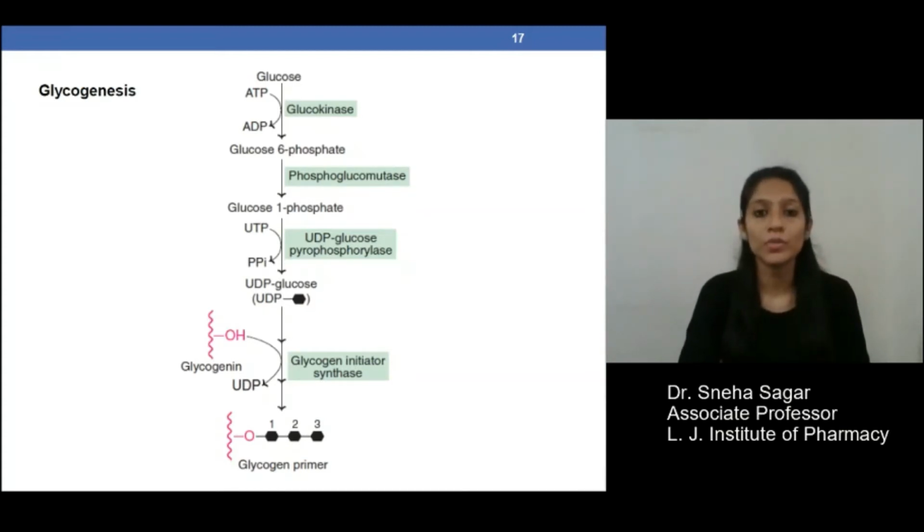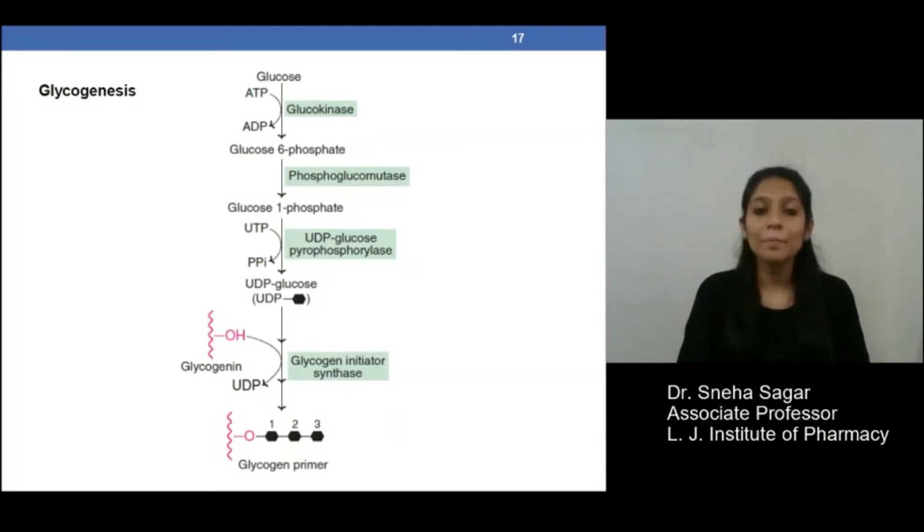Next, glucose 6-phosphate is converted into glucose 1-phosphate with the enzyme phosphoglucomutase. Afterwards, UTP is utilized and the UDP glucose pyrophosphorylase enzyme is responsible for the formation of UDP glucose. This UDP glucose is responsible for the primer formation, and that primer is formed by using the enzyme glycogen initiator synthase.